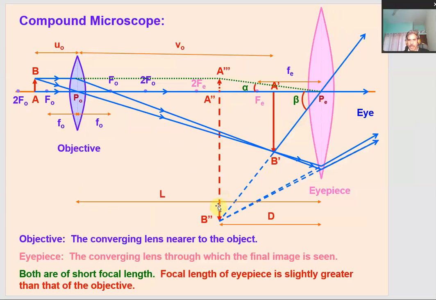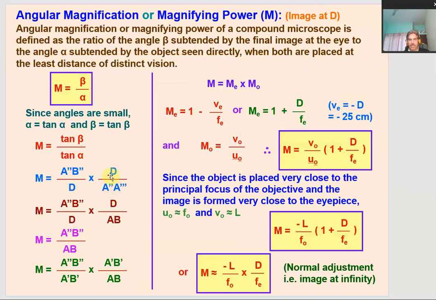This is tan beta in this triangle. This distance is nothing but the least distance of distinct vision, and so is the distance A double dash A triple dash divided by PE A double dash, which is again D. So that's why we are keeping the values here.